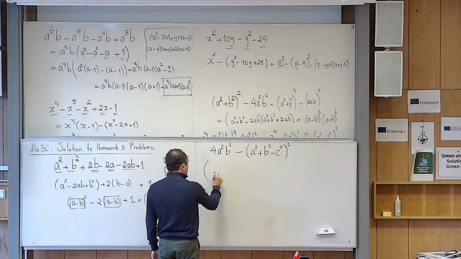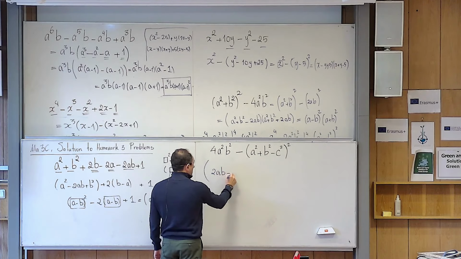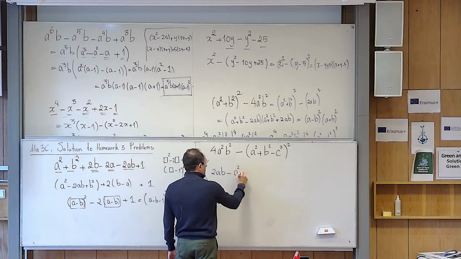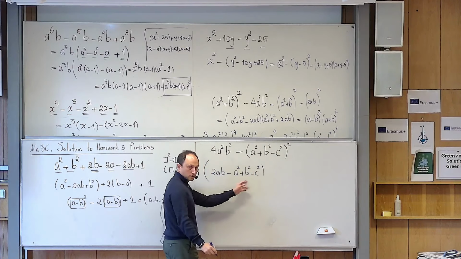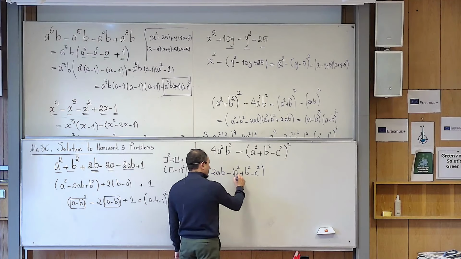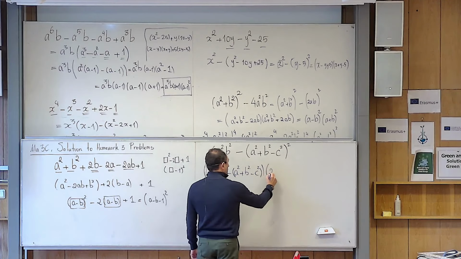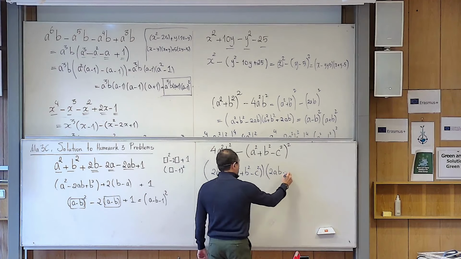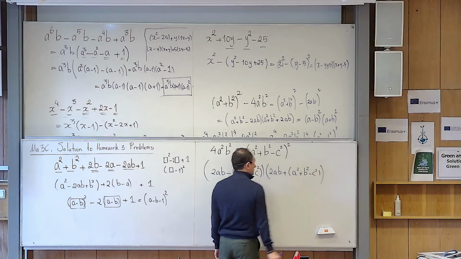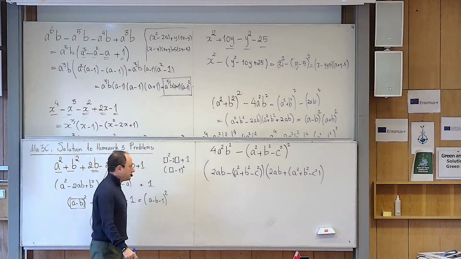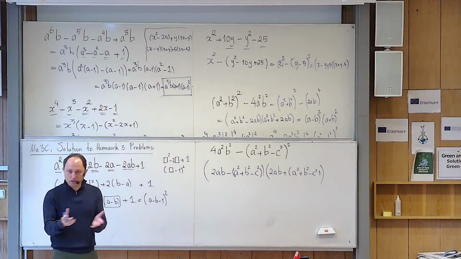So it becomes 2ab, the box minus the circle. I hope that you don't fall into the same trap over and over. Yes, this is wrong. So what should I write? And then 2ab plus a squared plus b squared minus c squared. Yes? At least we managed to write it as a product.